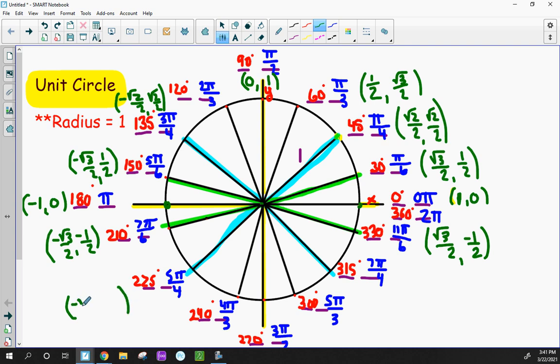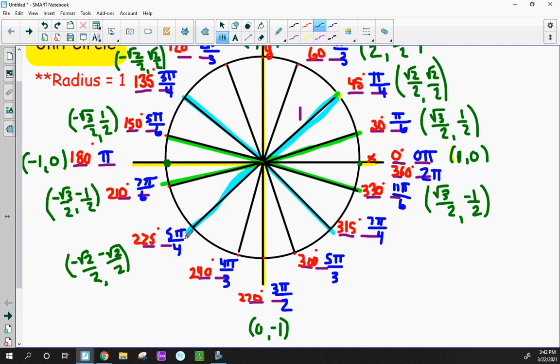So negative radical 2 over 2, negative radical 2 over 2. Alright, next, fourth quadrant, 315 degrees is in a similar position as 45. Its ordered pair is a positive radical 2 over 2, and then negative radical 2 over 2.